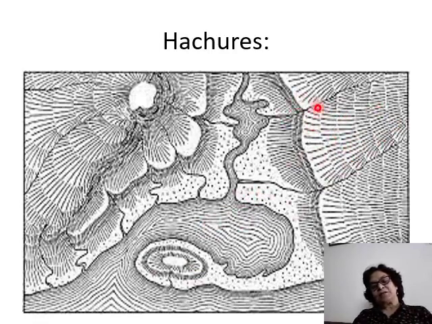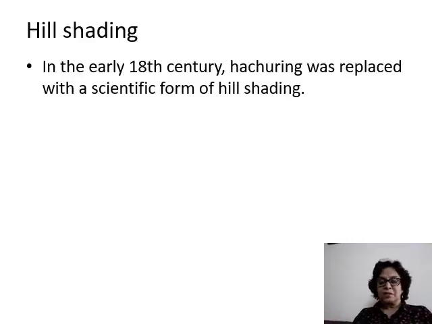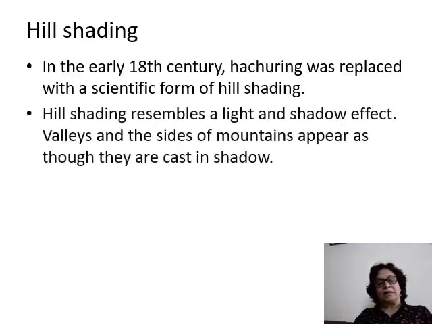There's no line which connects them, even if you see a series of such lines. But as the lines are spread far apart, it indicates gentle slope, and the closer the lines are, they represent steeper slopes.